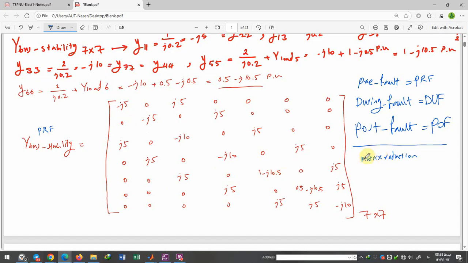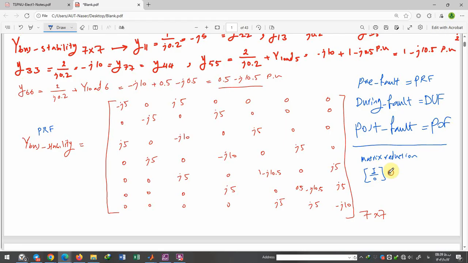So for writing a formula of injected current with Y bus, we have to say that we have some generator buses, and other buses are non-generator type.